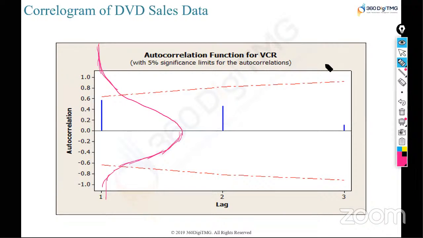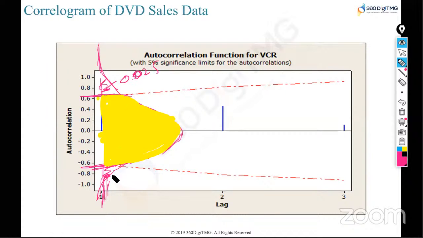This entire zone is 95%, which means that what is beyond this line, this zone, is 0.025, and this is 0.025.